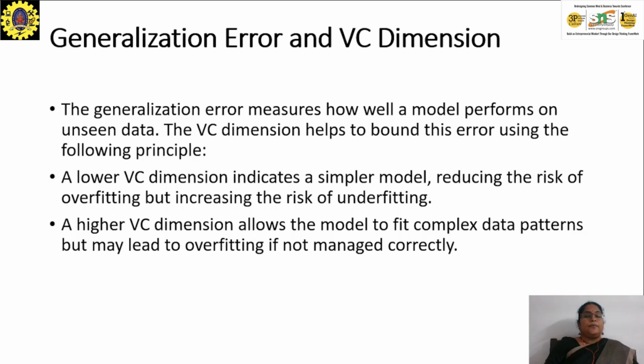What is overfitting? We have discussed overfitting a lot in machine learning. When a machine learns too much information about the data set, it is said to be overfitting. While using the VC dimension concept, which measures the complexity of a machine learning model, suppose we give the data set and the machine learns too much about it.